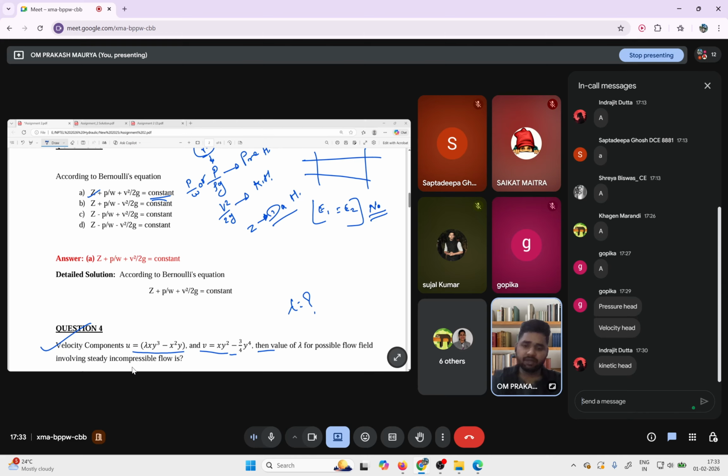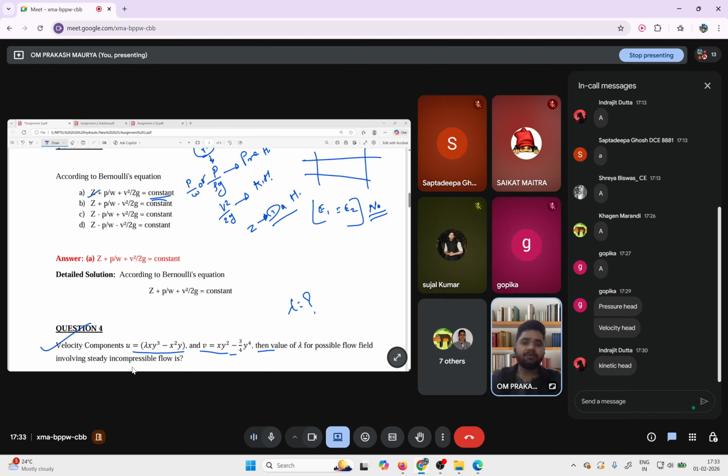The condition is given: find the value of lambda for a possible flow field involving steady incompressible flow. Very important. The flow is possible and the condition is also given, steady incompressible.